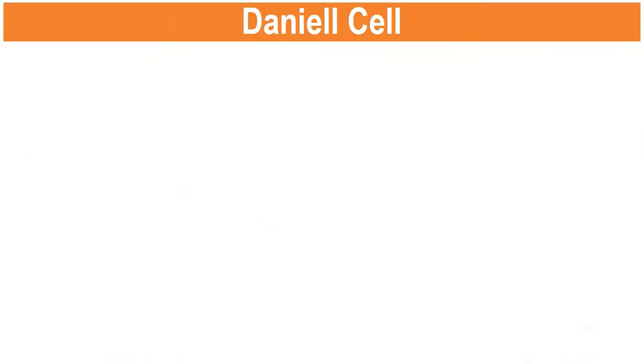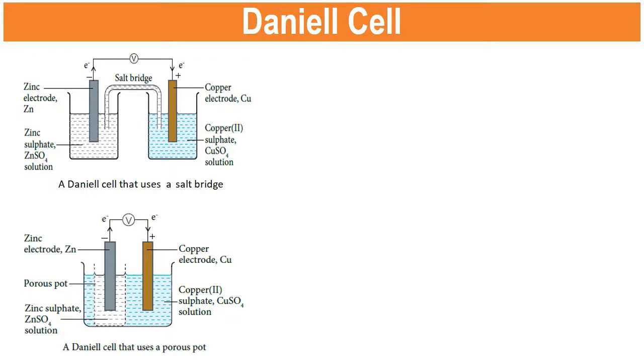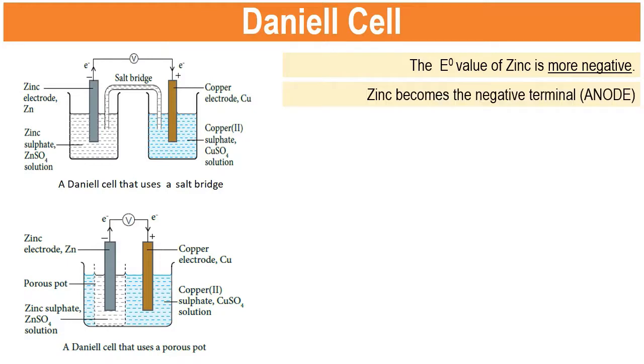Now let us see what actually happens in the Daniell cell. The E0 value of zinc is more negative, as we mentioned before. Zinc will become the negative terminal, which is the anode, because zinc atom will donate electrons to form zinc ions.